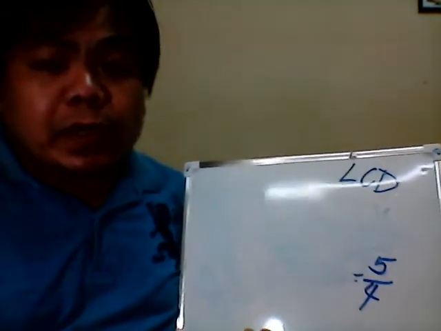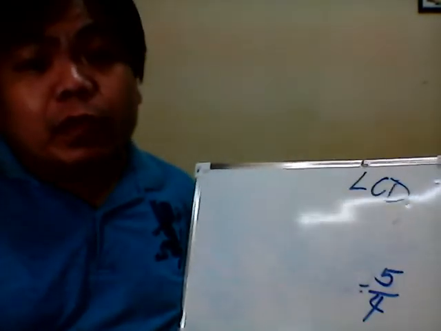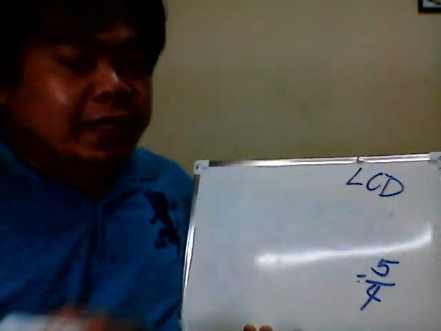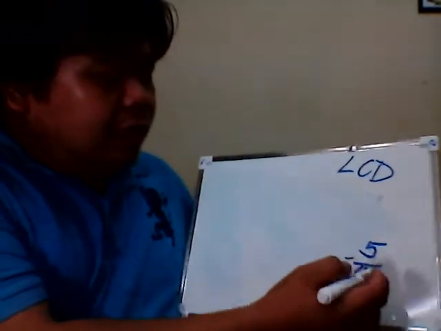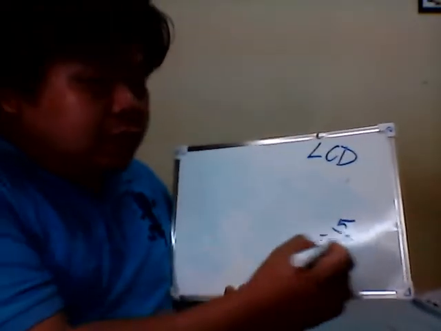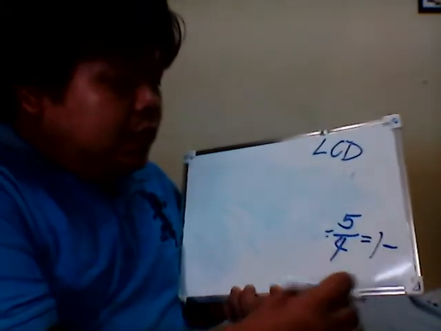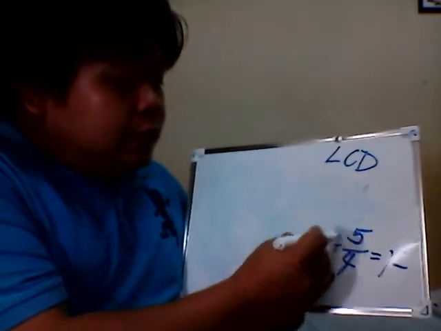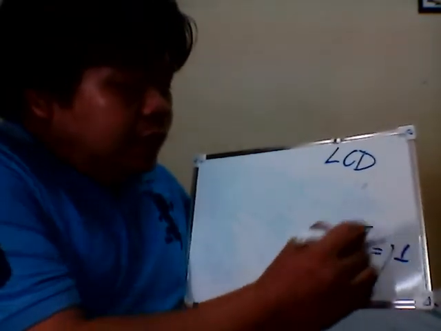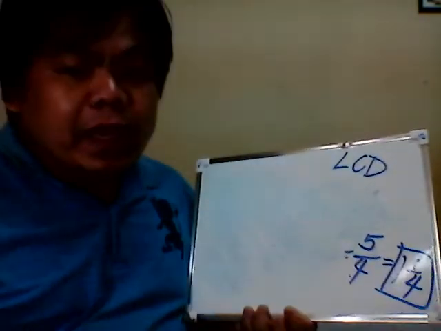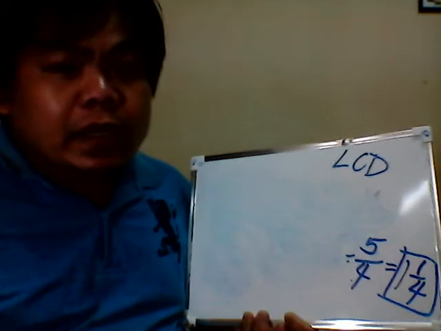How are we going to find the simplified form of an improper fraction? By simply dividing it. So 5 divided by 4 is 1, and then the remainder is 1, then copy the denominator. So the final answer is 1 and 1/4.